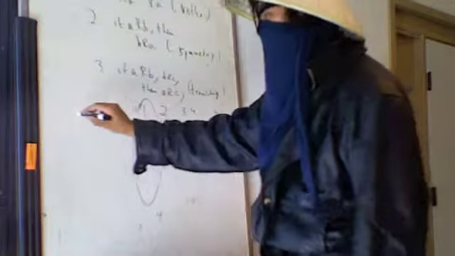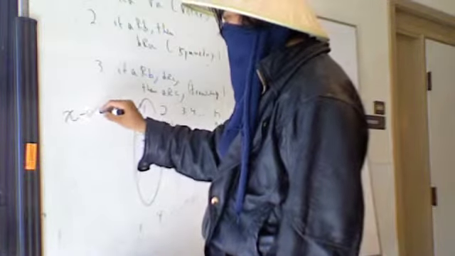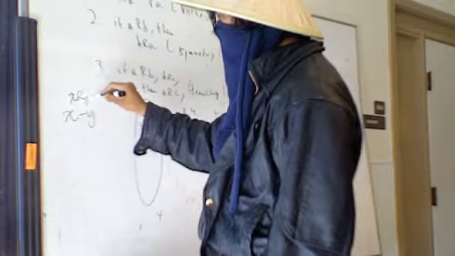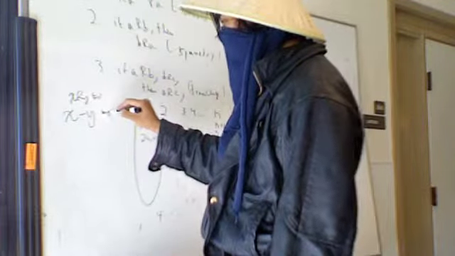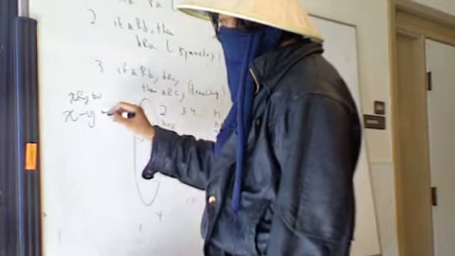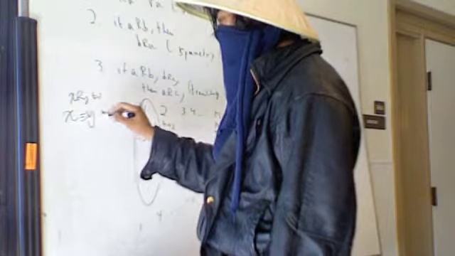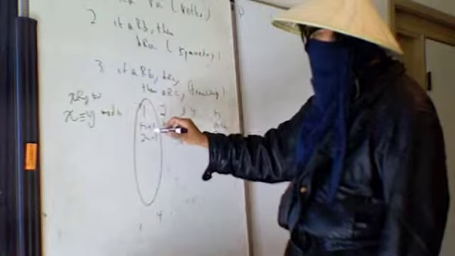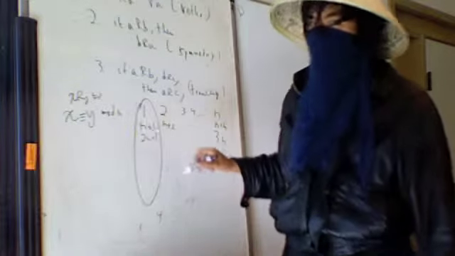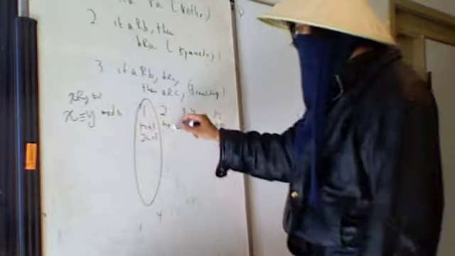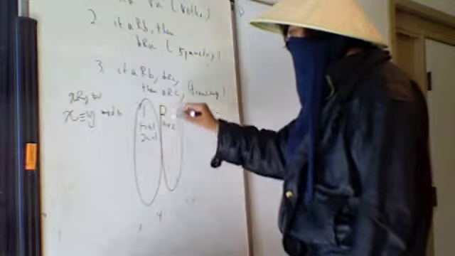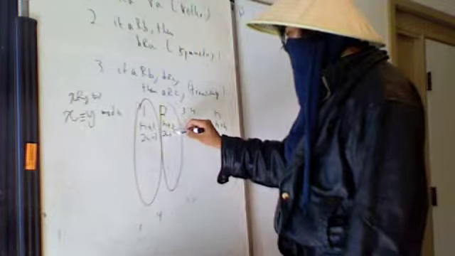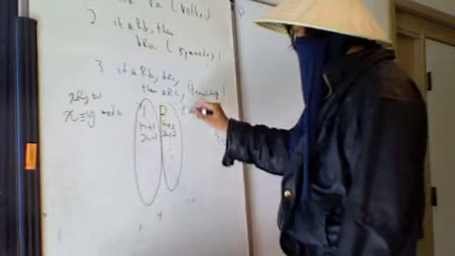In other words, x is related to y if and only if x is congruent to y mod n. So 1 and n plus 1 are the same when you mod by n. Same thing with 2 and n plus 2, and 2n plus 2, and so forth.